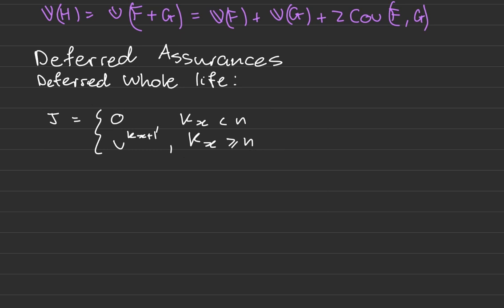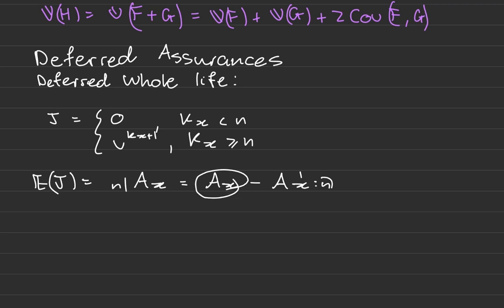Now, in actuarial notation, the expectation of j will be equal to n|A_x. So I take this whole life assurance contract and I defer it by n years. That's what this n bar symbolizes. And this also equals A_x minus A_{x:n}^1.